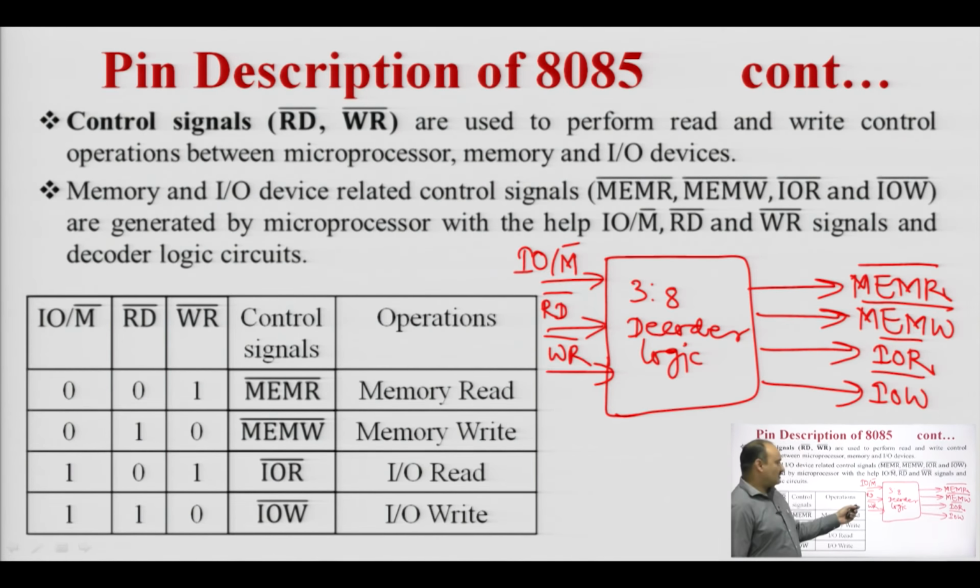So, the first decoder logic is the NAND gate decoder logic, and the second decoder logic, which is used to generate the memory read, memory write, input output read and input output write control signals, is nothing but a 3:8 decoder.